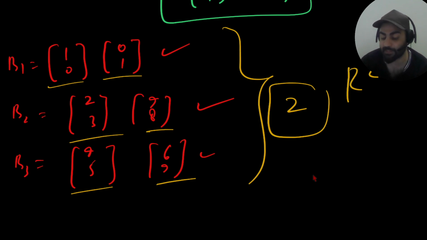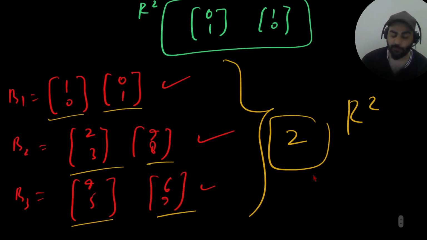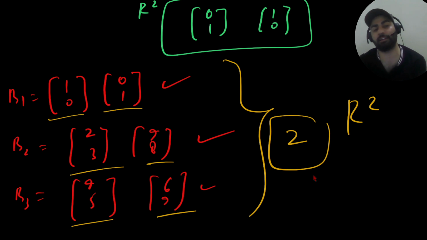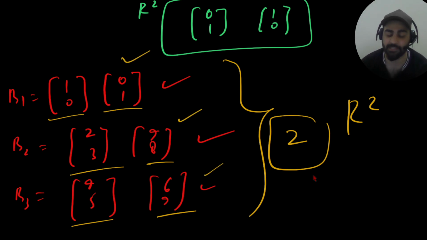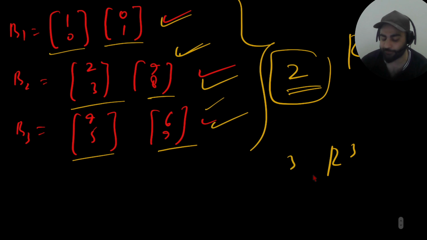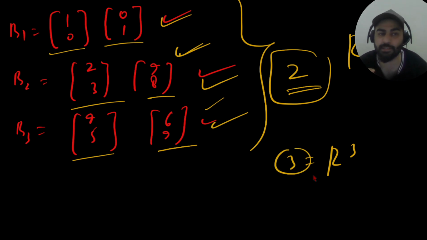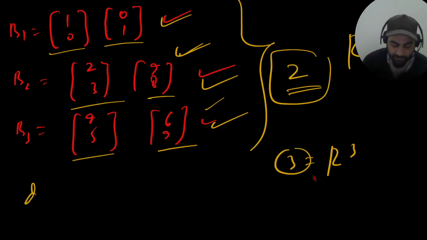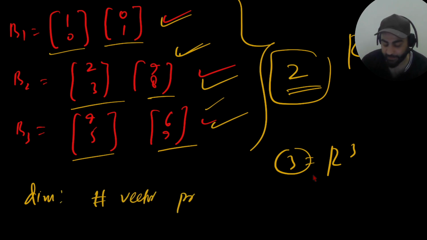I'm speaking especially about R2. There can be different bases, but the number of vectors present in a basis is always equal in all the bases. So here it is 2 for R2, and in R3 it is equal to 3. So the number of vectors present in the basis is called the dimension. What is dimension? The number of vectors present in the basis set.